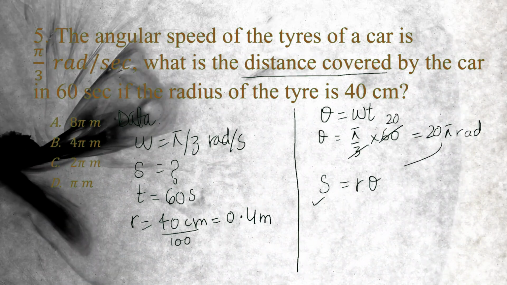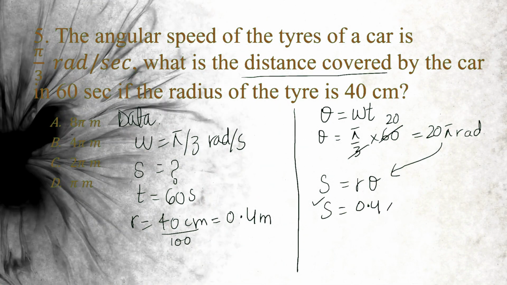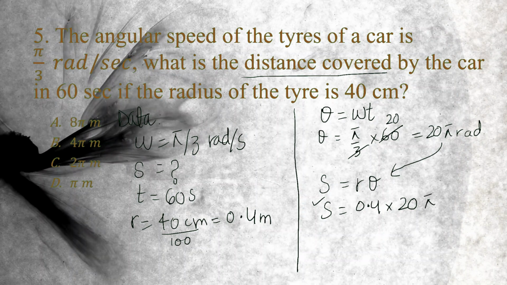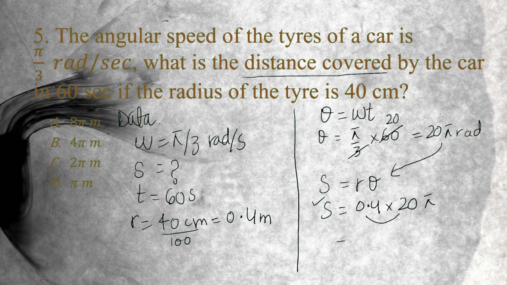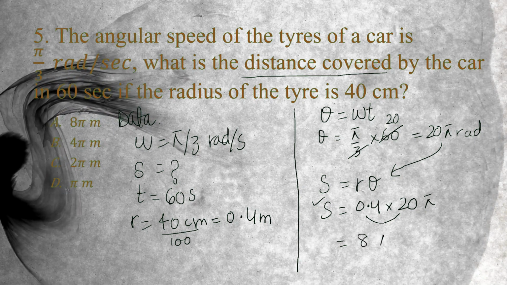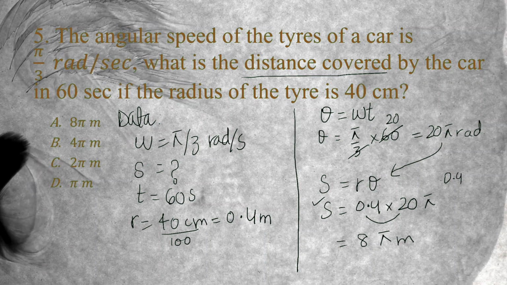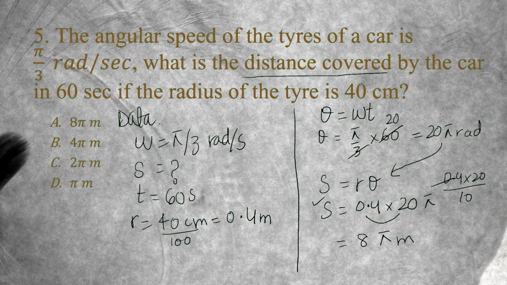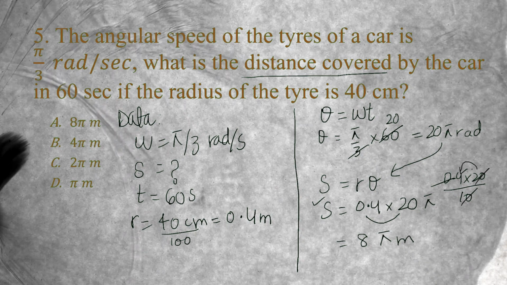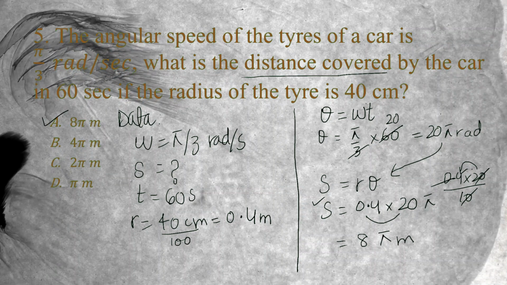And if you substitute this value, r is 0.4 and theta is 20 pi radian. When you multiply these two, it will be 8 pi meter. How will it be 8 pi? Look here students, 0.4 multiplied by 20. When you remove this point, there will be a 10 number over here, and 0 will be cancelled out with the 0, and 2 fours are 8. So the answer will be 8 pi meter, and the correct option is A.